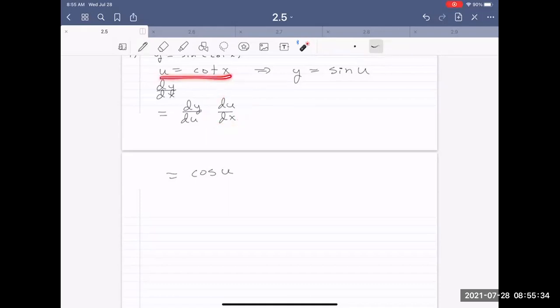So let's take the derivative of cotangent x. Well, the derivative of cotangent is negative cosecant x, cotangent x.